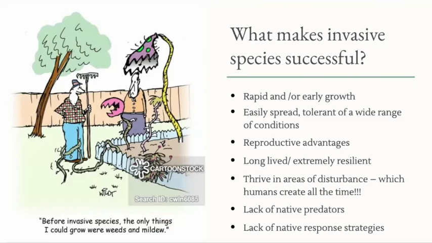Many of them are easily spread and tolerant of many conditions. Some of them have reproductive advantages. A plant like Waterwheel, for example, can reproduce from a tiny fragment of that plant, which makes it easily spread. That's an example of a reproductive advantage.